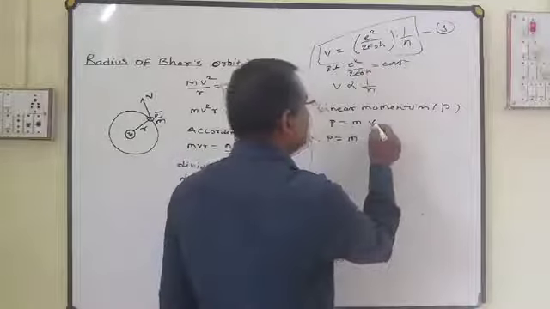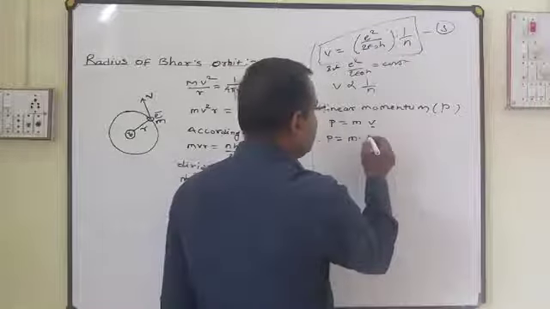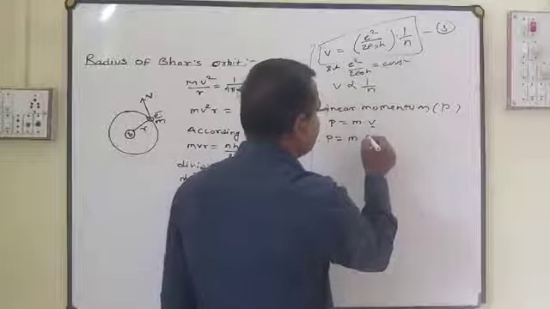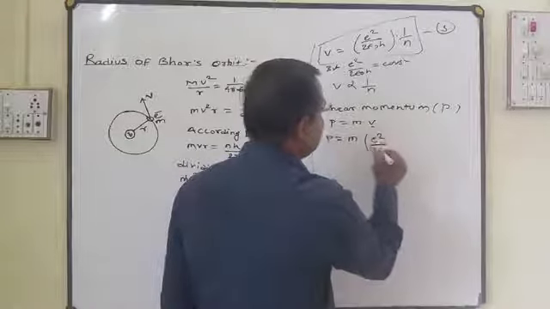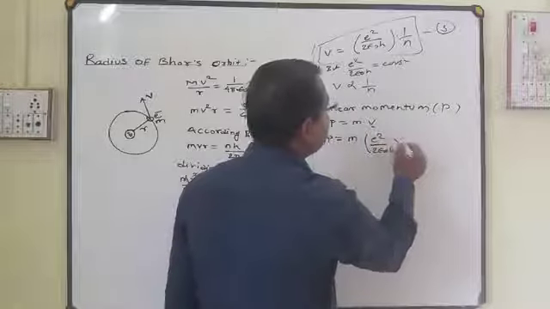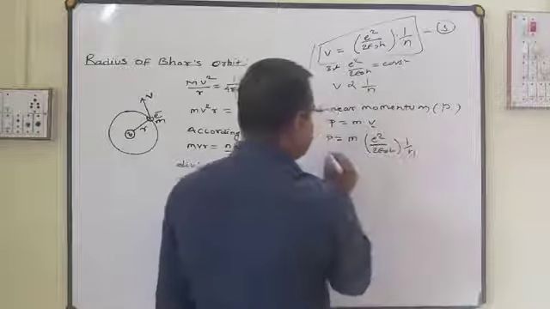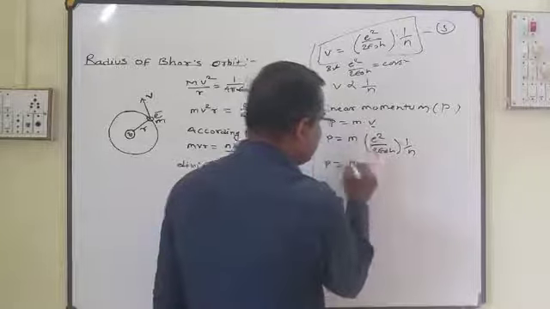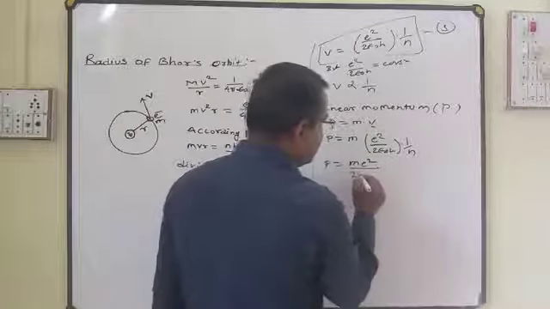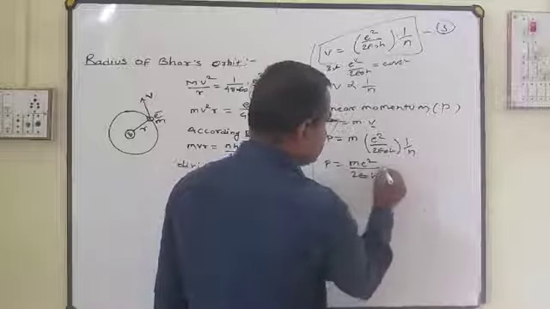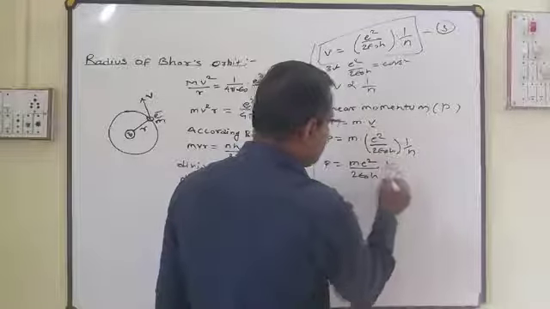The value of that velocity is given in equation 3. From equation 3, it can be written as e square divided by 2 epsilon naught h into 1 upon n. So it becomes p is equal to m e square divided by 2 epsilon naught h into 1 upon n.